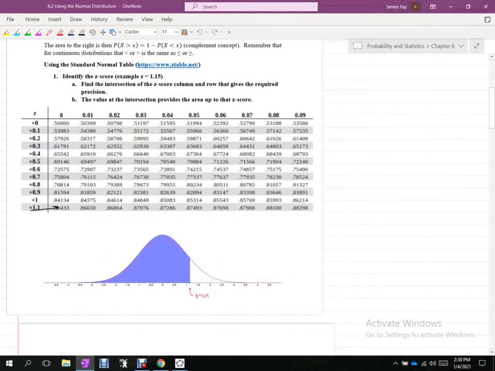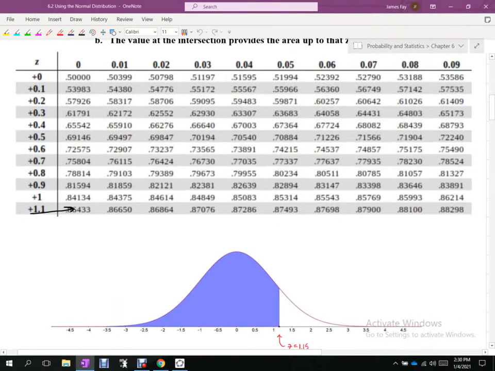But there are different types of questions that they can ask us. Okay, every one of these z tables that you're going to come across is going to be cumulative from the left. Meaning that these numbers throughout the table are representative of the area to the left of some z-score. So right here, we've got a z-score of 1.15.